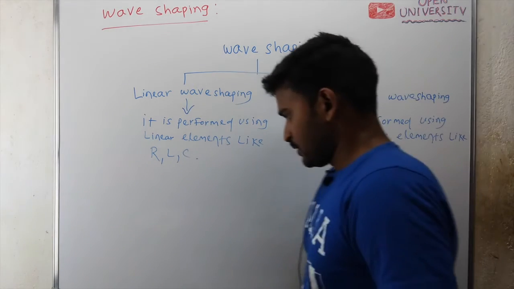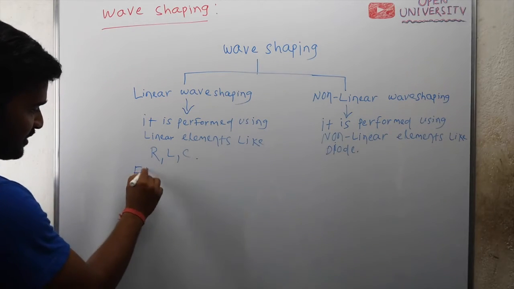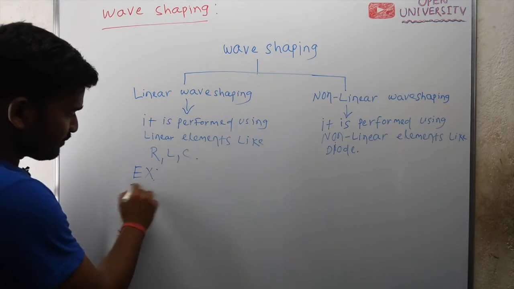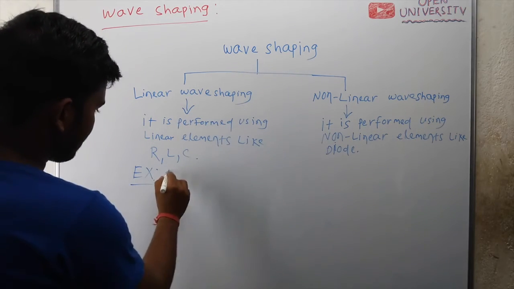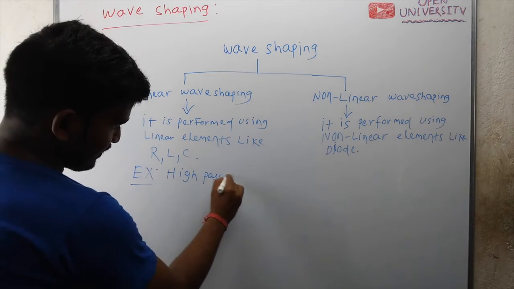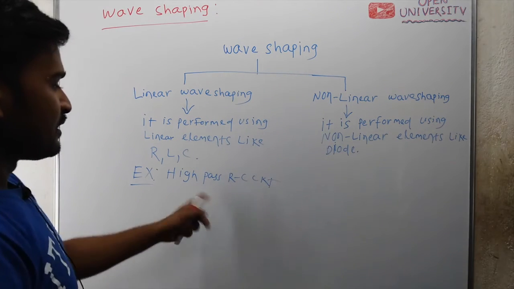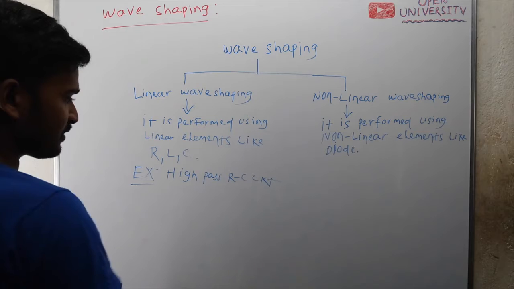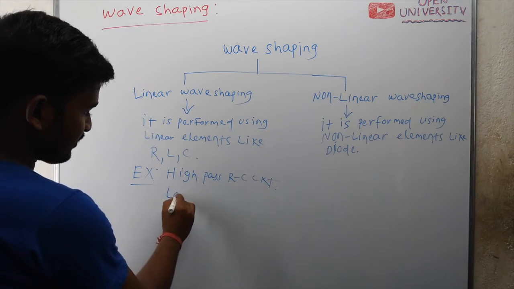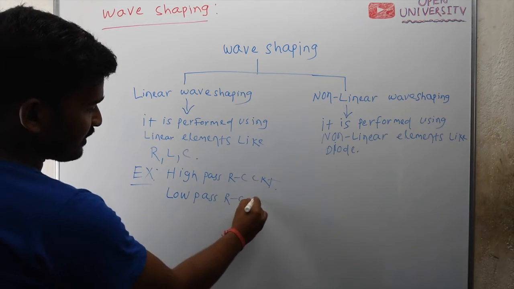You can give examples of linear wave shaping circuits, like the high pass RC circuit. The high pass RC circuit is an example of a linear wave shaping circuit because it is formed using resistor and capacitor. And also the low pass RC circuit.